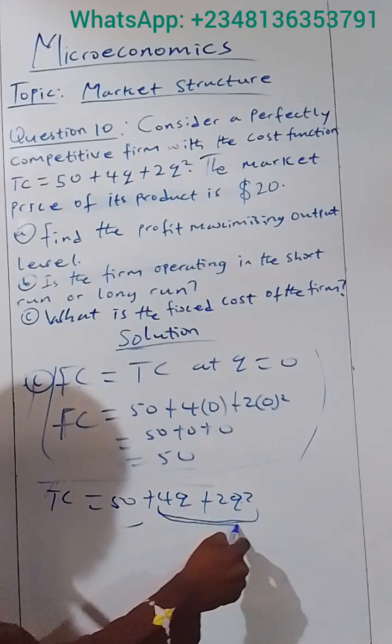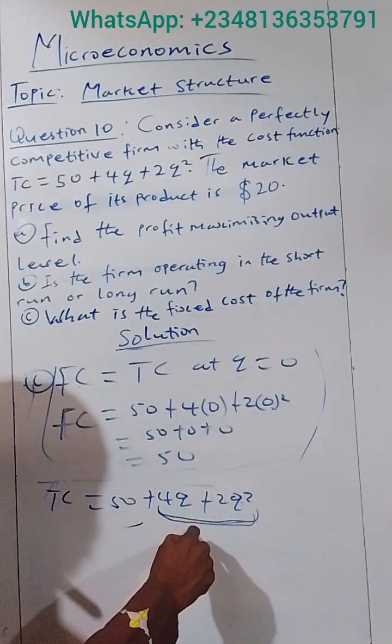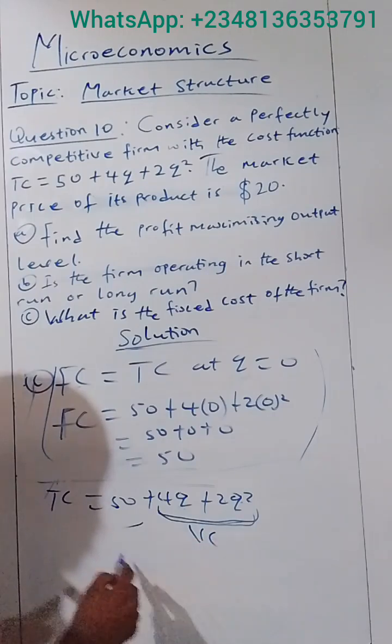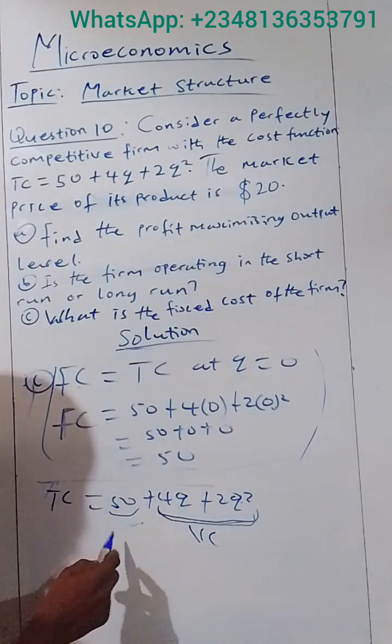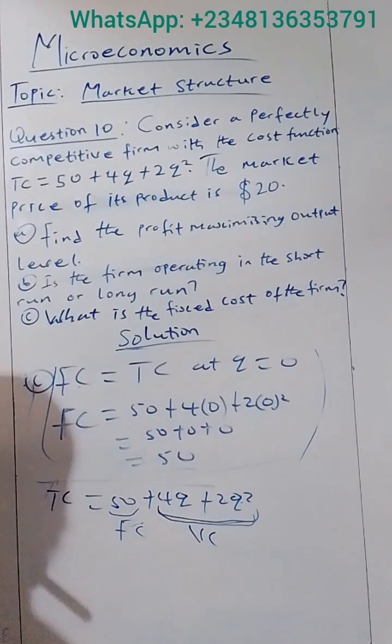This depends on Q, so this one represents your variable cost, while the part that is constant represents the fixed cost. Therefore, the fixed cost is equal to 50, which is equivalent to what we just got here. You can see it's very simple.